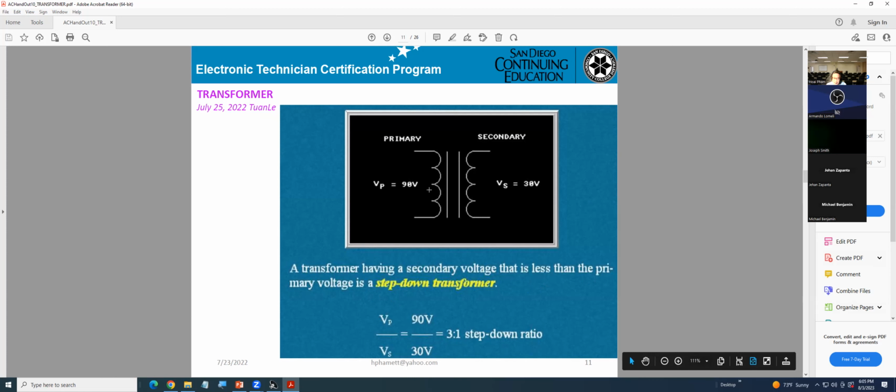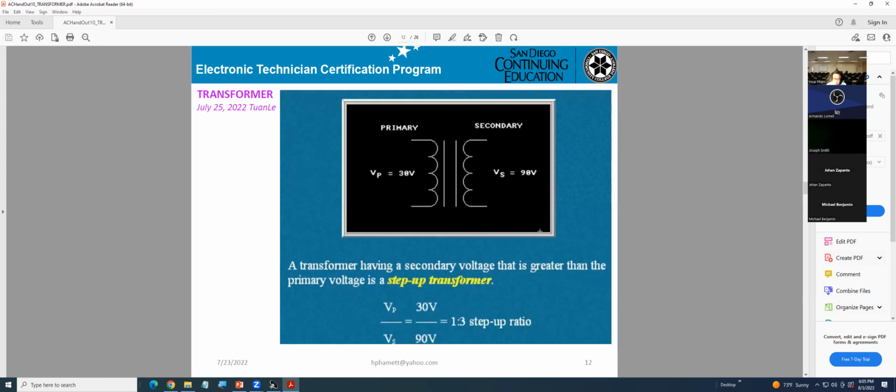That means when you apply 90 volts and the output on the other side is only 30 volts, that's what we call a step down, from 90 volts down to 30 volts. However, if you get a VP of 90 volts and VS of 100 volts, that's what they call a step up transformer.